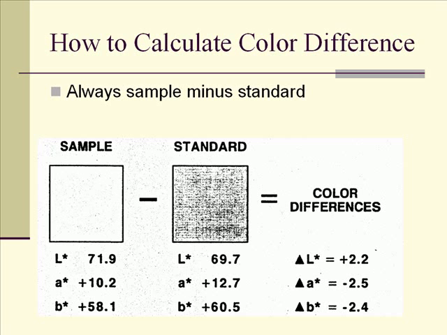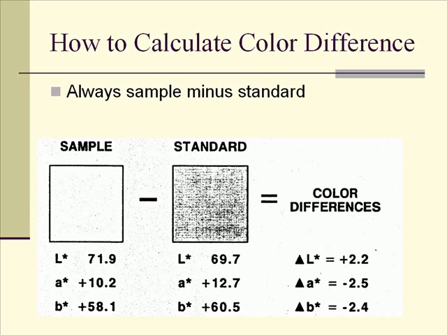We get a positive 2.2. A is positive 10.2 minus a positive 12.7. We get a negative 2.5. And then B is a positive 58.1 minus a positive 60.5. And we get a delta B of negative 2.4.